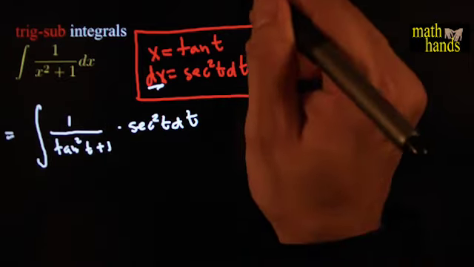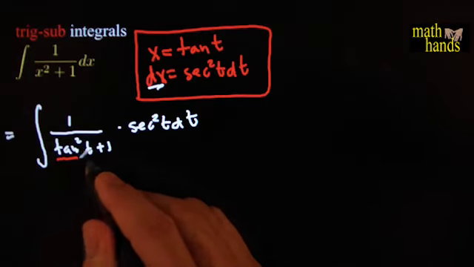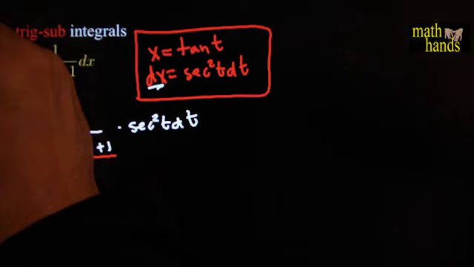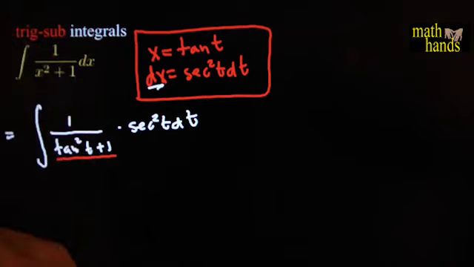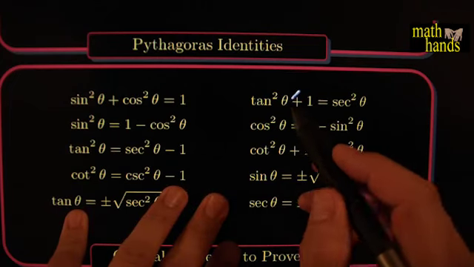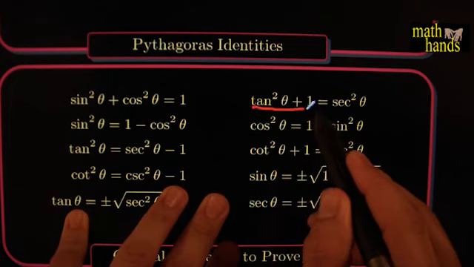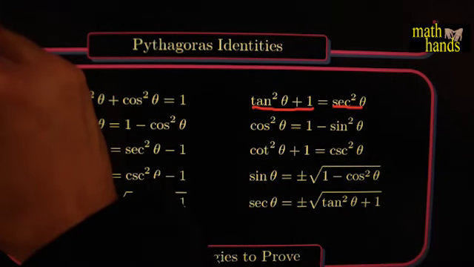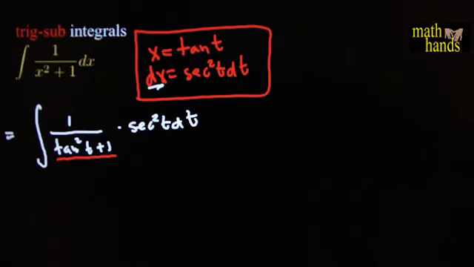The tangent squared t plus 1, right here, that's actually something famous, right? We've seen that before. It's one of the famous trig identities. It says tangent squared theta plus 1 can be exchanged for secant squared. And so we go on and we perform the exchange.